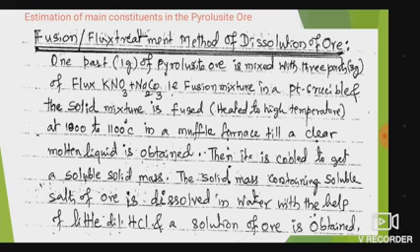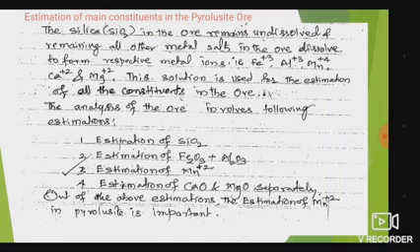The solid mixture is heated at a high temperature, 1000 to 1100 degrees Celsius, in a muffle furnace till a clear molten liquid is obtained. Then it is cooled to get a soluble solid mass, and this solid mass containing soluble salts of the ore is dissolved in water with the help of little dilute HCl, and the solution of the ore is obtained. This solution is used for the analysis.